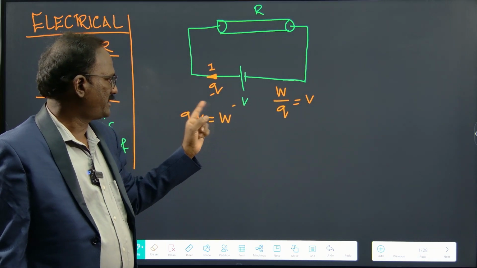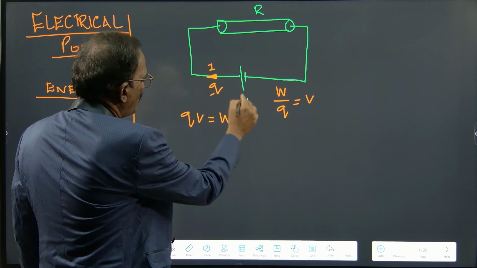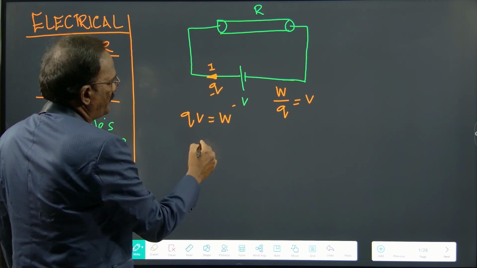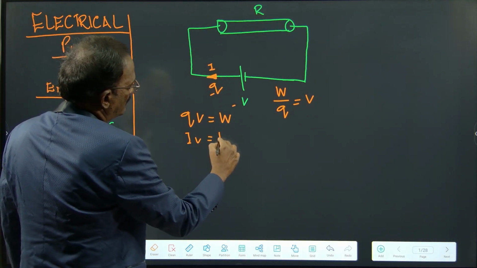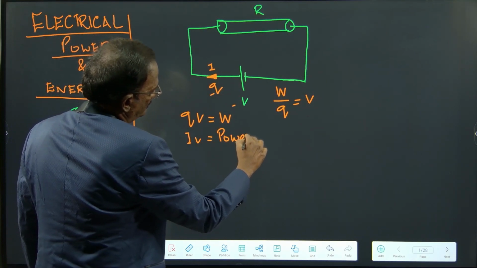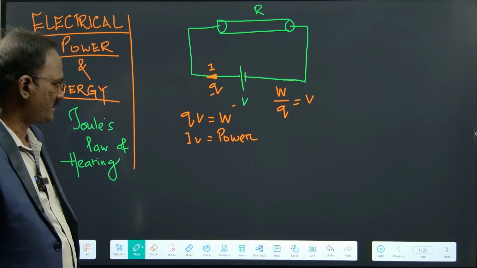If you cross multiply it, you will get QV is equal to W, work done. This product I into V is called power, P.